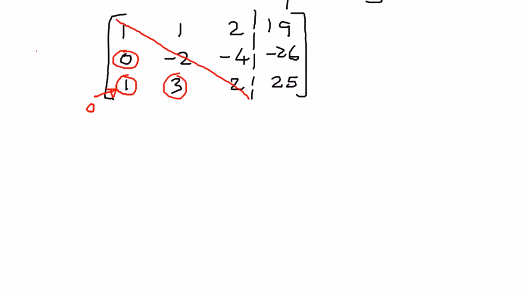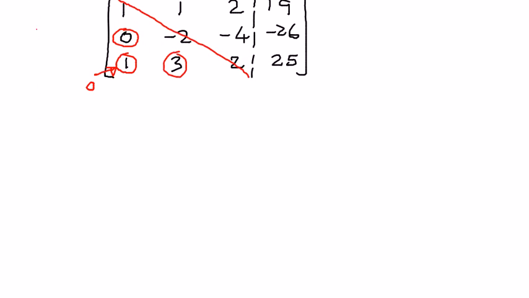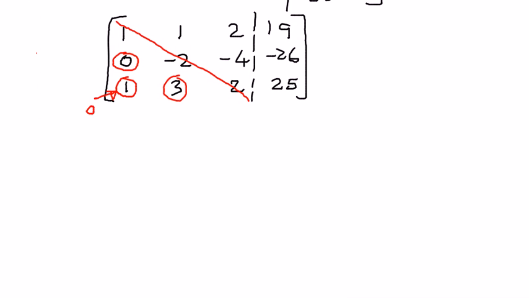Okay, so this step is going to be step number 5. We want a 0 in that location.